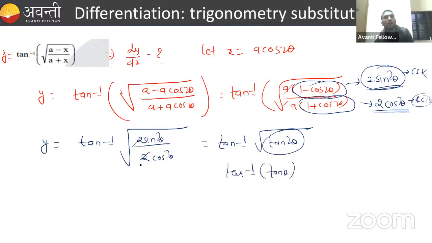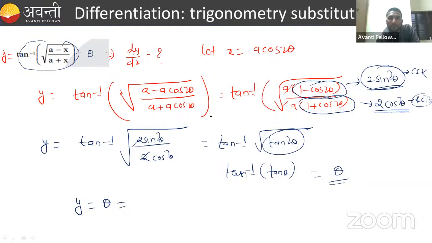So now you can see how it is simplified. What we are getting is theta, a very simple form. So y equals theta, but we need to write this in terms of x so that we can find the differentiation.